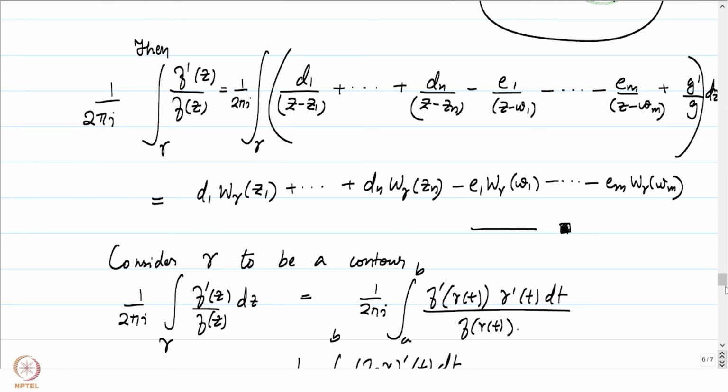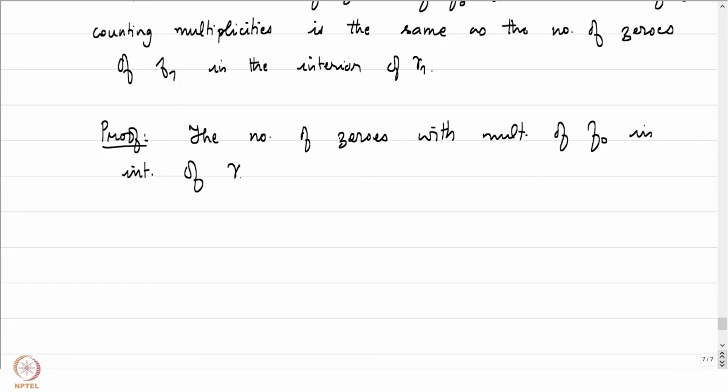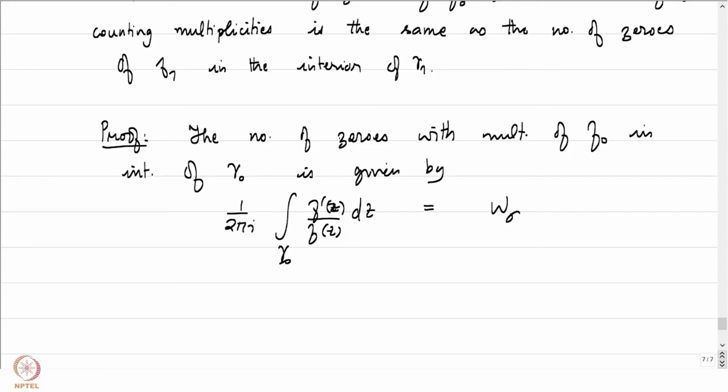So let me just note that down. The number of zeros with multiplicities of f0 in the interior of gamma 0 is given by 1 by 2 pi i times the integral of f prime of z by f of z dz over gamma 0, which we had noticed is the same as the winding number of sigma 0 around 0.